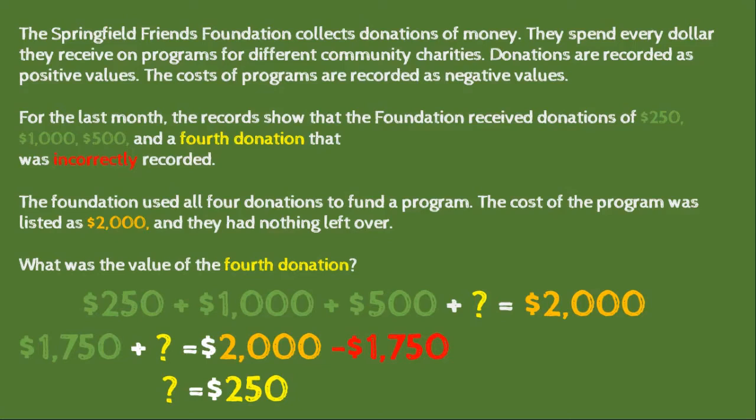And to make sure that we got the correct answer, all we have to do is add the numbers: $250 plus $1,000 plus $500 plus $250, which we just figured out was the fourth donation, and that should equal $2,000, which it does. And that is the correct answer.